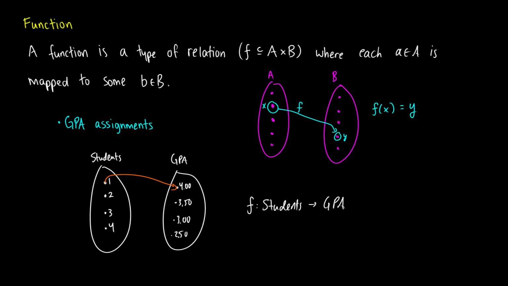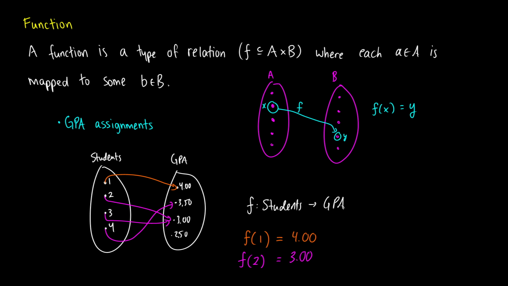That means that if I put student 1 into my function, what I'm getting back is the GPA of 4.00. Maybe student 2 has a GPA of 3.00, and student 3 also has a GPA of 3.00, and then 4 has a GPA of 3.50. So we could do another example. If we put f of student 2 in here, we would be getting 3.00 back because that is their GPA.